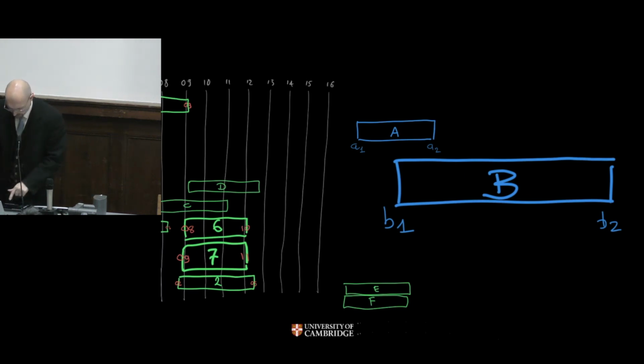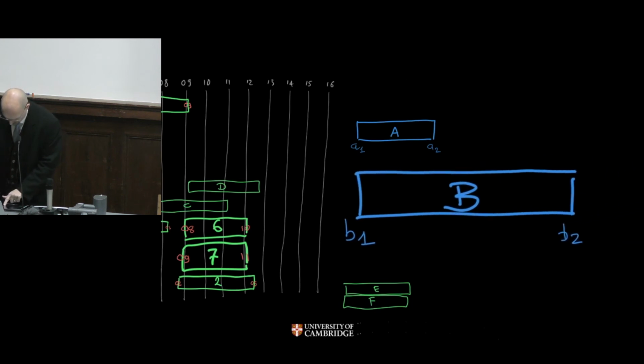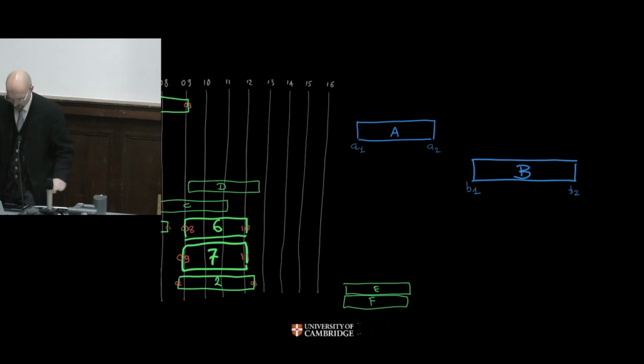And in the final possible configuration for the relative positions of A and B, B starts after A has finished. Well, in that case, I am basically contradicting the hypothesis that B was the earliest finishing activity in the optimal solution, because I could build a more optimal solution by taking whatever is in this solution and then adding A, so it gives me one more activity.